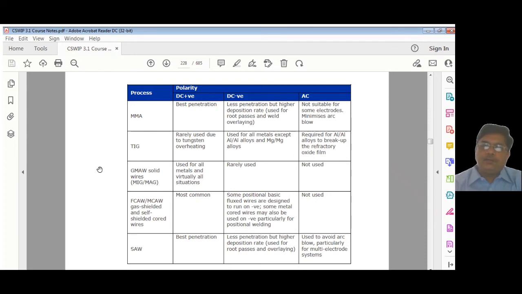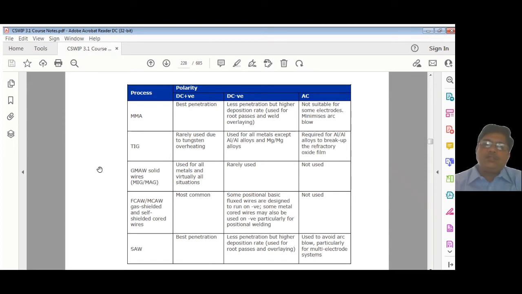Self-shielding wires are also available, so you don't need to use gas, but the filler wire is expensive, almost twice as expensive as normal FCAW. But you can save the gas, you can make it more portable, and not using gas also saves the environment basically.